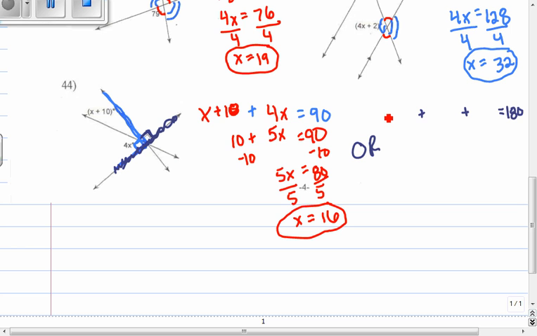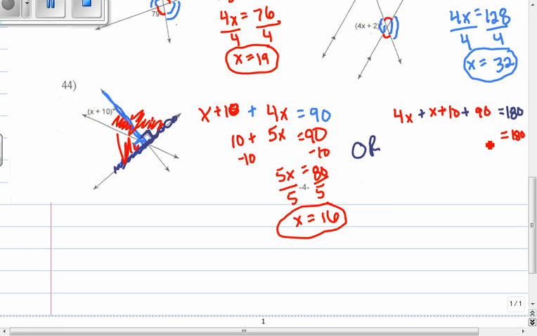In this case, you would have to say I have one angle that is 4x, which is this angle right here, and another angle that is x plus 10. And you would have to account for this angle over here, which has the mark in it, so we know it's 90. Since we used the whole line, we had to set it equal to 180. As you can see, the other one was added to 90, and we didn't have the extra 90 in there. The only difference is we have added in that extra 90.